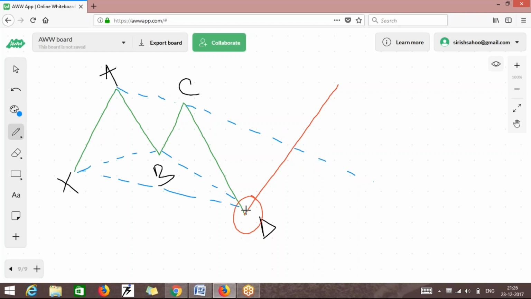So let me tell you, even in this we could expect a time frame for the target. The time frame is the time taken by the script to form this pattern.